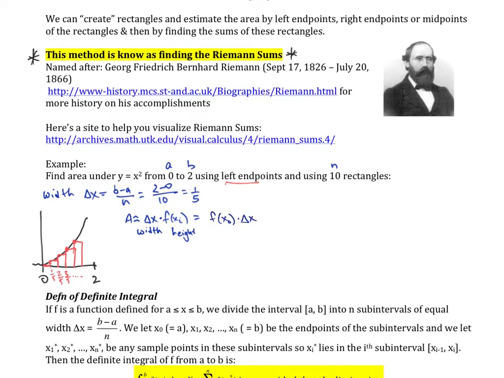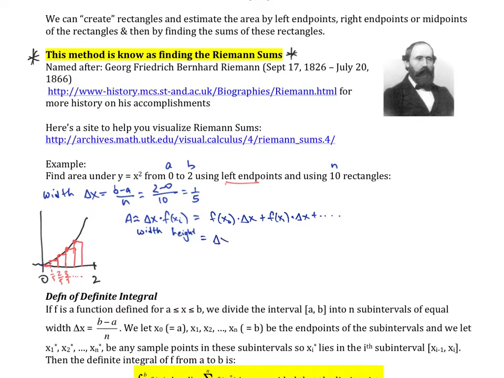Why did I do sub 0? Because I started at 0. Then I went to the 1/5, right? So I'm starting at my initial spot, f of x, the initial one, plus f of x sub 1. That's because I'm shifted to the left side, times my delta x, and so on. I'm going to go all the way up to 9 iterations, because 0 to 9 gives me 10 rectangles.